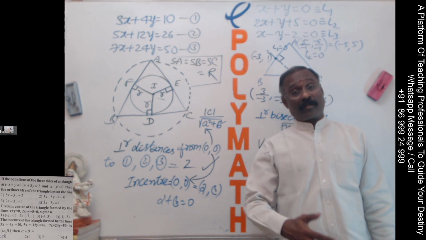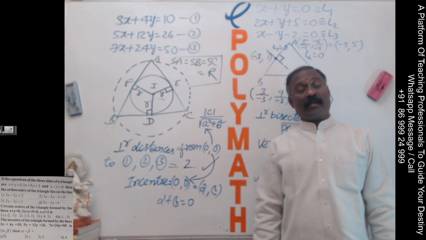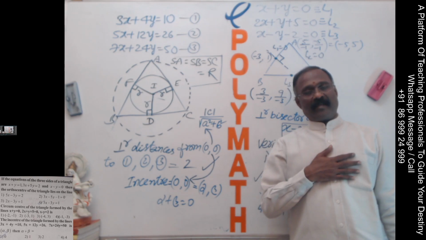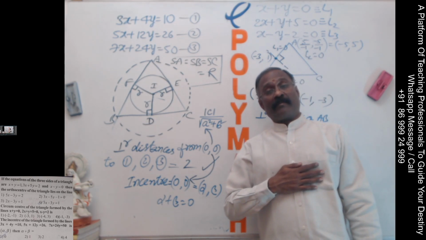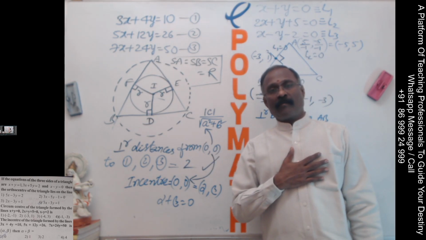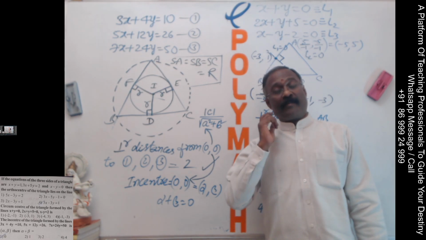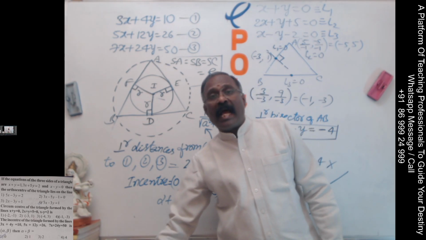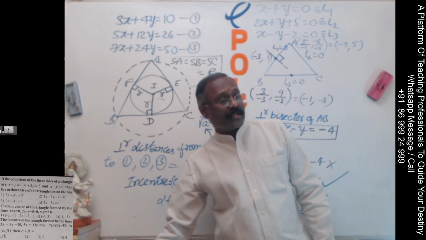There is a twist in the question. It is not a direct question. Unless you get the idea of this property that the in center is equidistant from the sides, you cannot solve this problem. If you start solving the problem in the regular method, it is more than a long answer question.